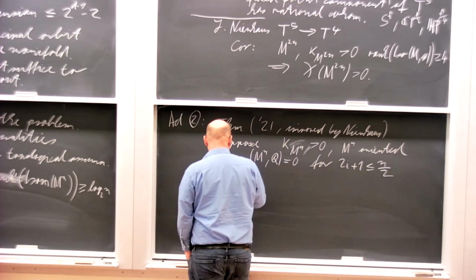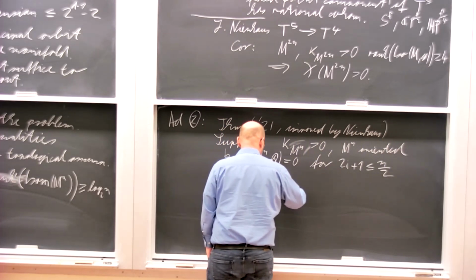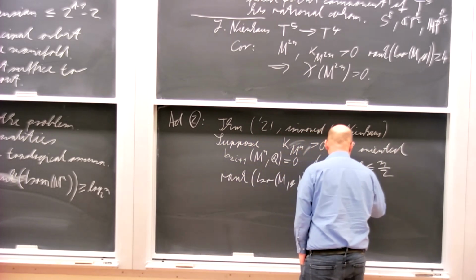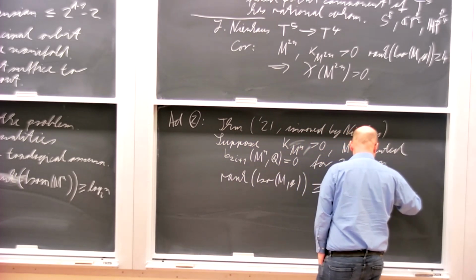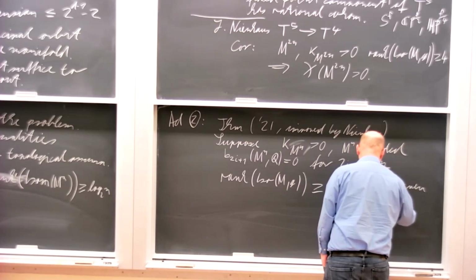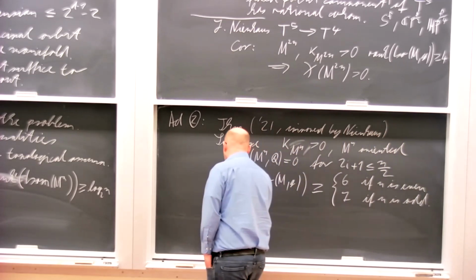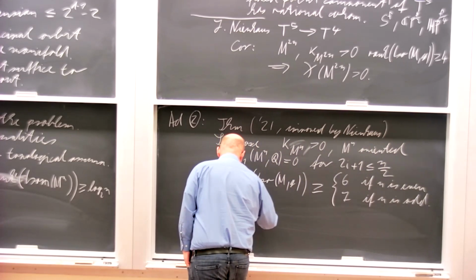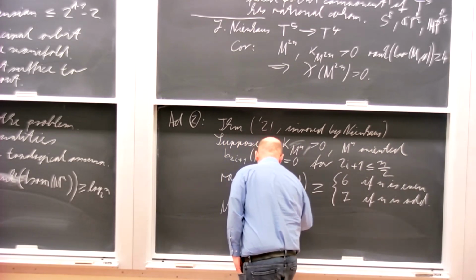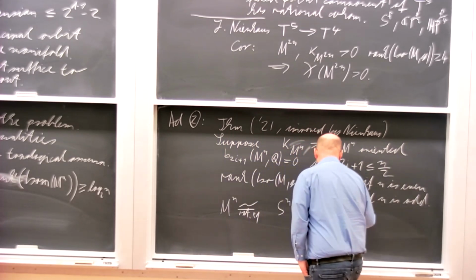Then we assume that the rank of the isometry group is larger or equal to 6 if n is even, or 7 if n is odd. Then you actually get that M is rationally equivalent to a sphere, CP^(n/2), or HP^(n/4).